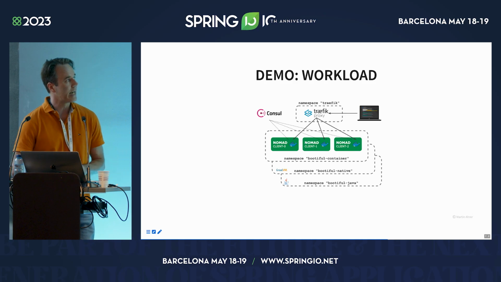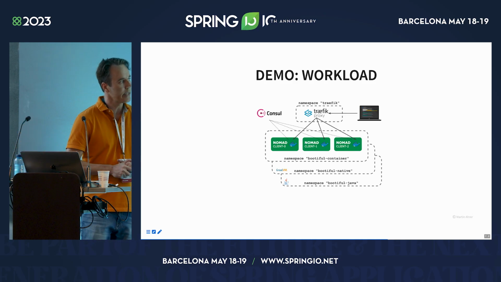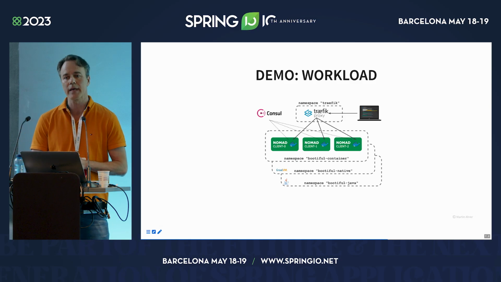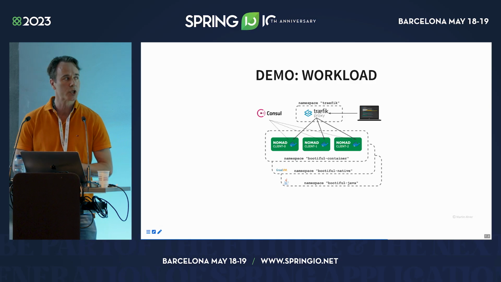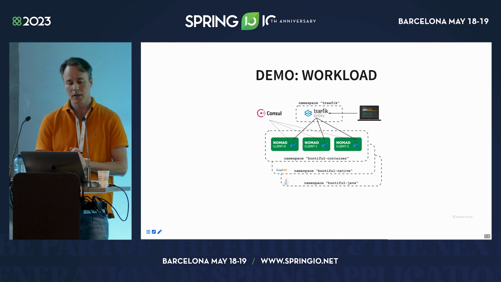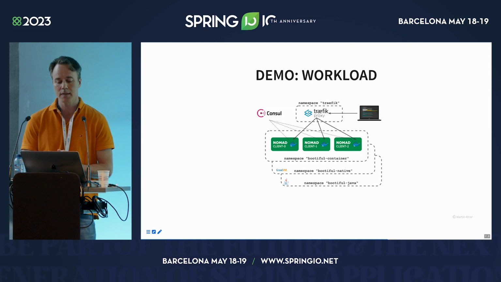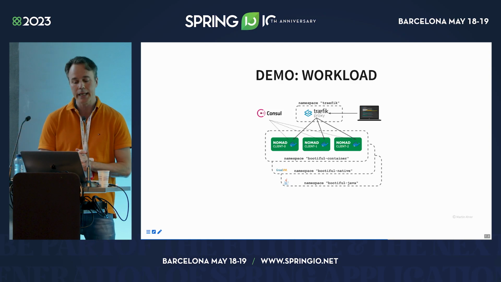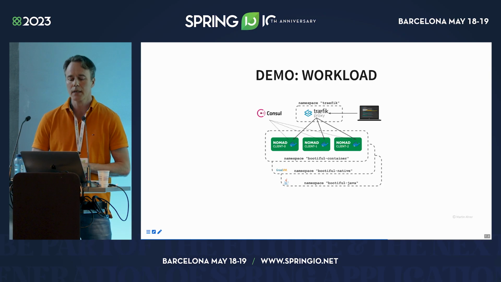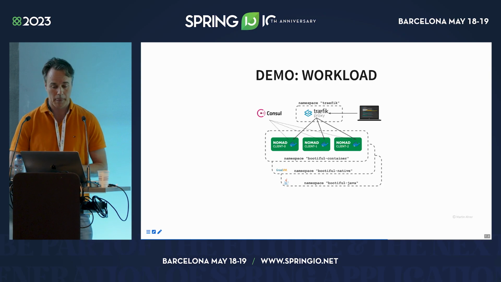So the setup looks like this. I have a cluster set up with 3 server agents and also just 3 client agents as shown here. These are connected to a Consul cluster, so I can exercise service registry and service lookup.